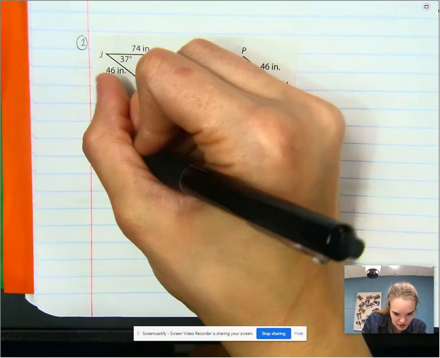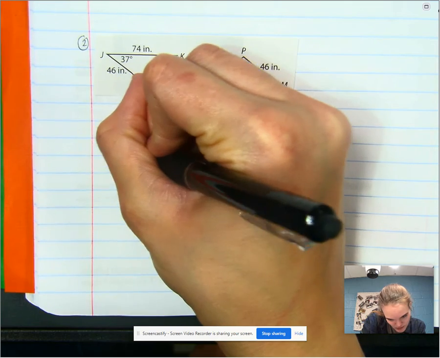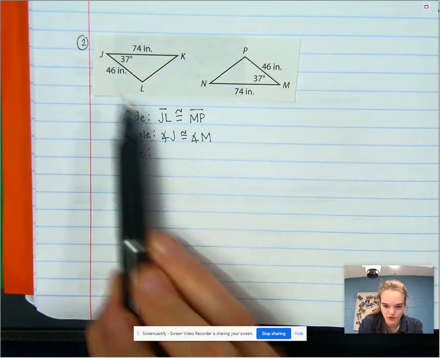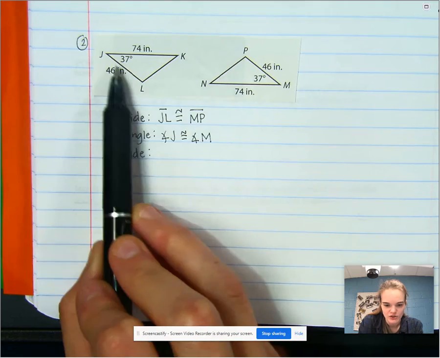Okay, then we have another side. Let's see, we already got JL, so JL, MP, JK then.